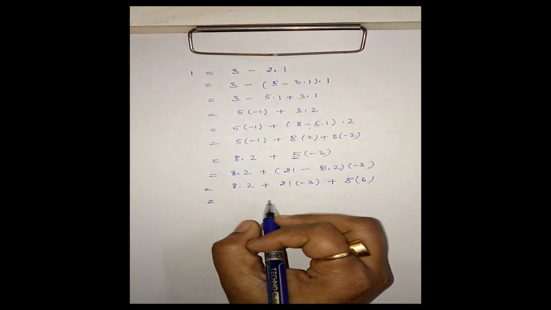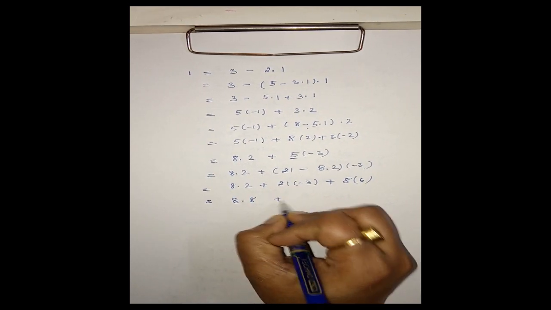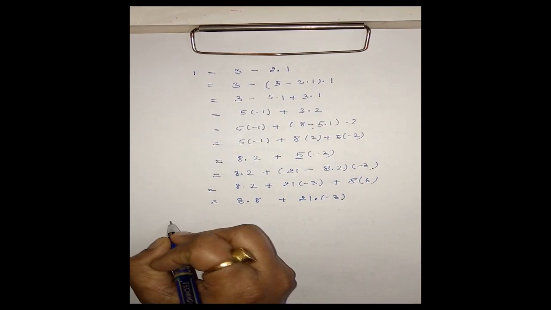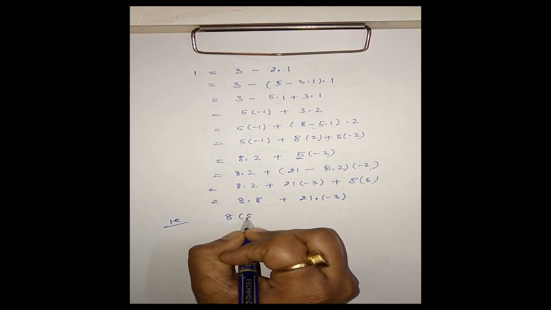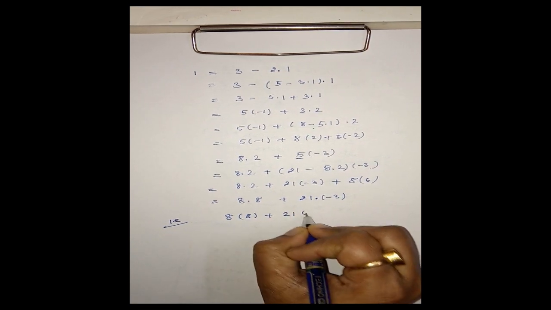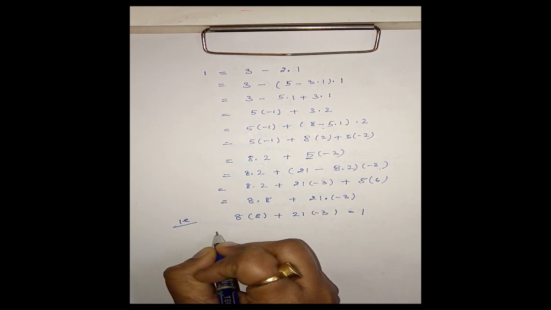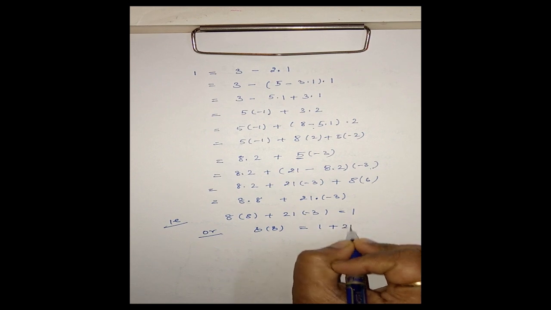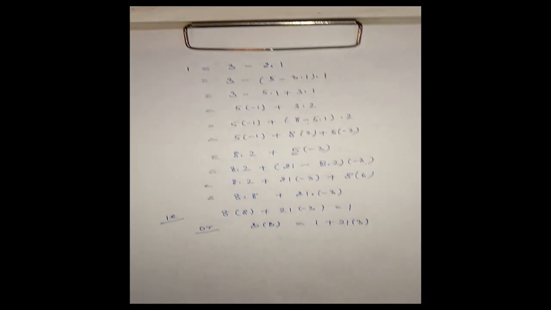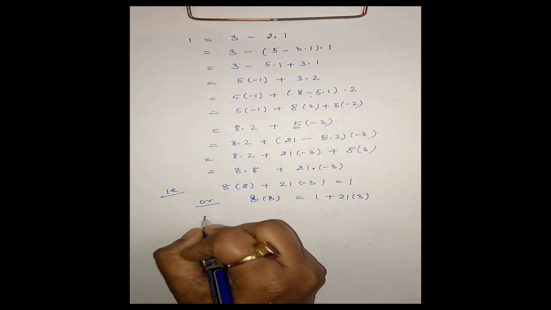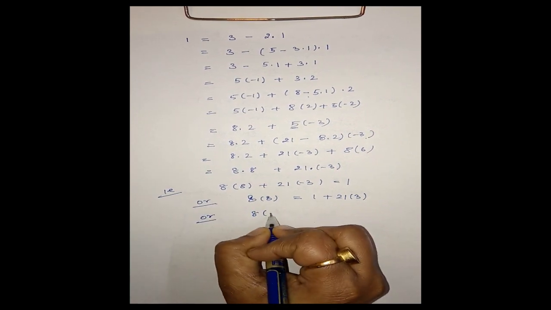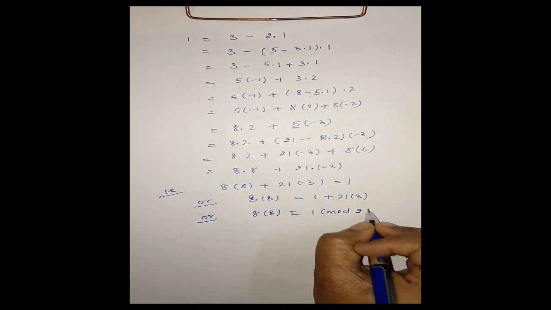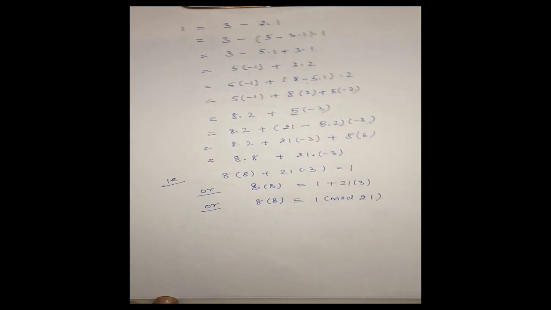That is 8 into 8 plus 21 into minus 3, which is equal to 1. Or 8 into 8 is equal to 1 plus 21 into 3. This can be written as 8 into 8 is congruent to 1 modulo 21.